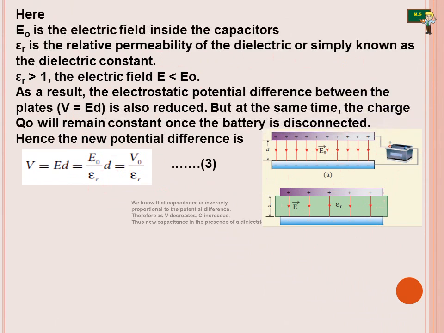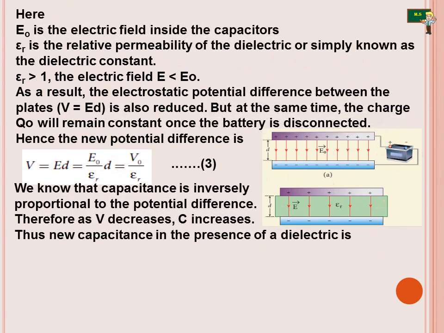Then we know that capacitance is inversely proportional to the potential difference. Therefore, if V increases, the capacitance decreases. But in reverse, if V decreases, the C increases.